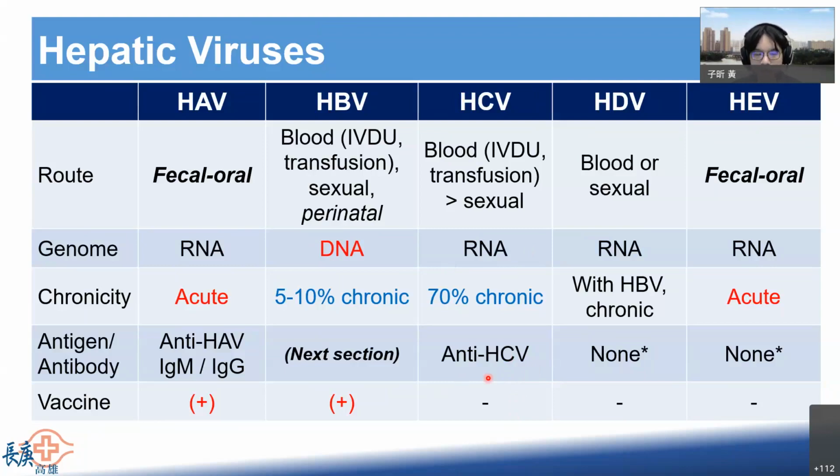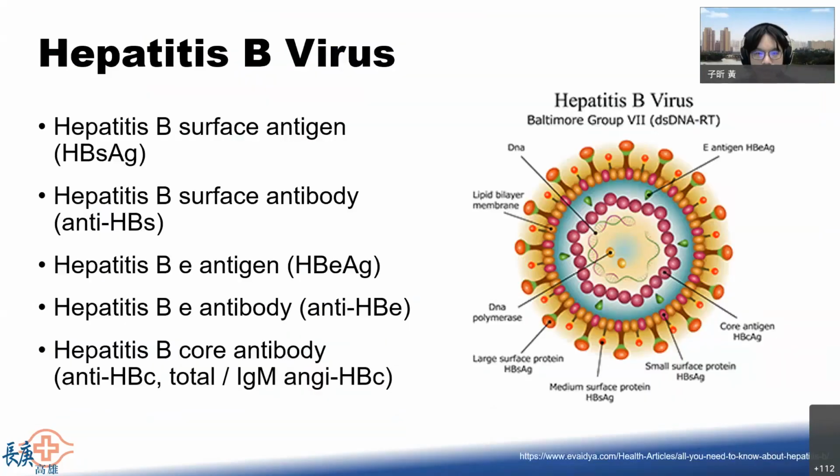And the HBV is very well known with many, many kinds of antigens and antibodies. We'll talk about this here. There are several kinds: the HBs surface antigen, surface antibody, the HBe antigen, the e antibody, and the core HBc antibody.